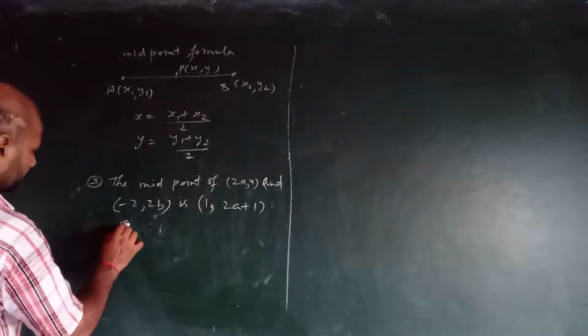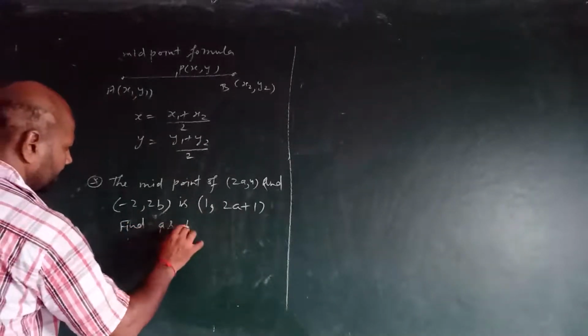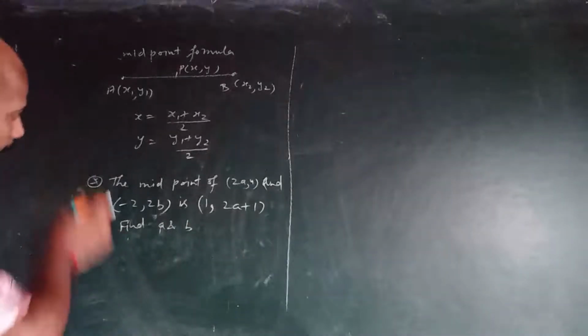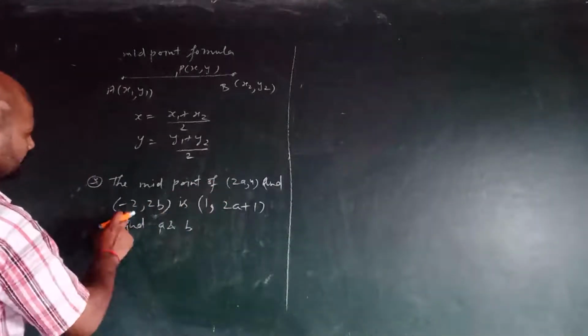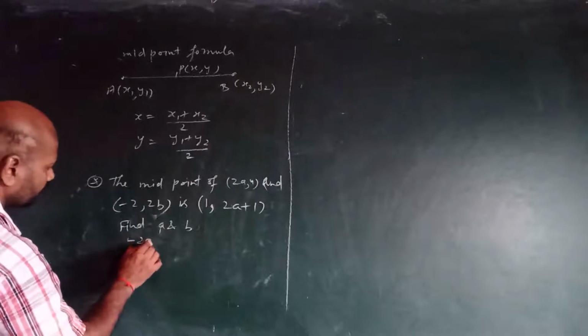Find a and b. In the midpoint, what is it? x1 plus x2, that is minus 2a.